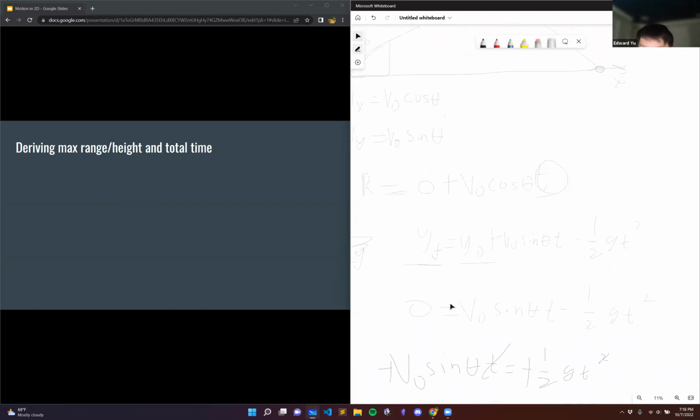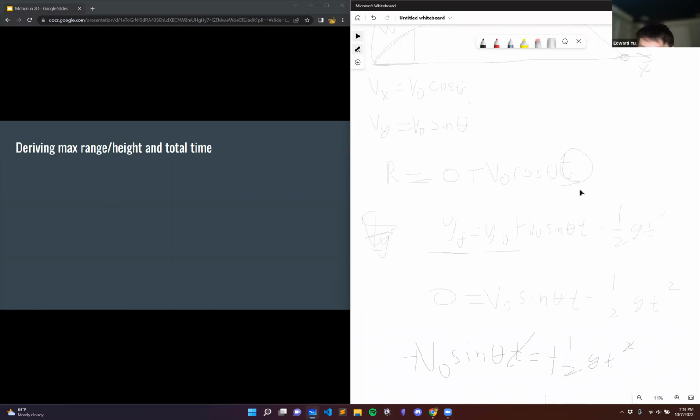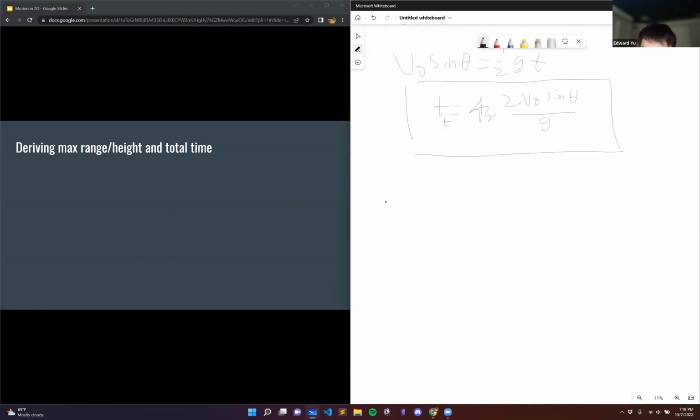Now if we go back to our equation for x, which is r equals v cosine theta t, we can just plug the t in. So r is equal to v cosine theta times 2v sine theta over g. Then we can write it as 2v squared sine theta cosine theta over g. You might have taken trig already, but 2 sine theta times cosine theta, you can write as sine 2 theta.